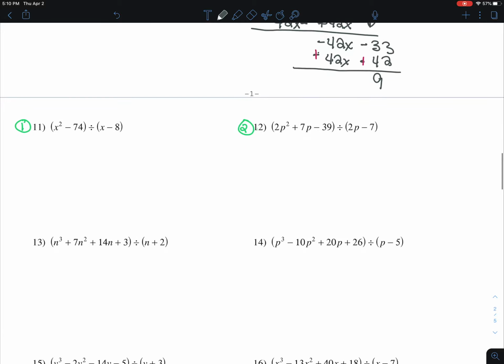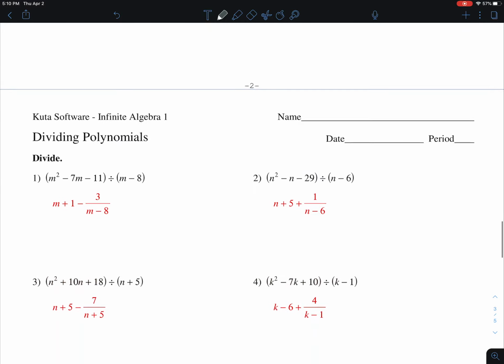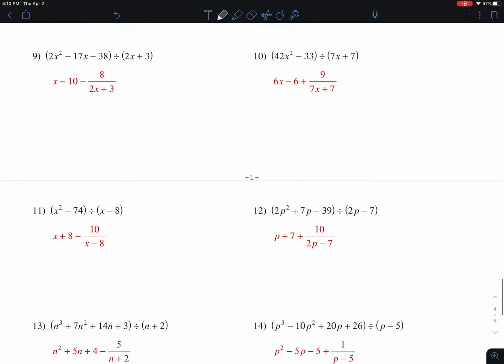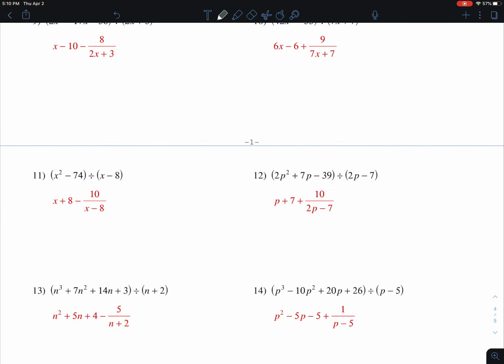Okay, welcome back. I am not actually going to do them. I think I have the answers down here. I'm just going to show you the answers. So this is the answer to 11 and 12. If you did not get those answers, please feel free to text me or remind, or make sure you note in your exit ticket today that you missed problems 11 and 12 when you did them on your own.